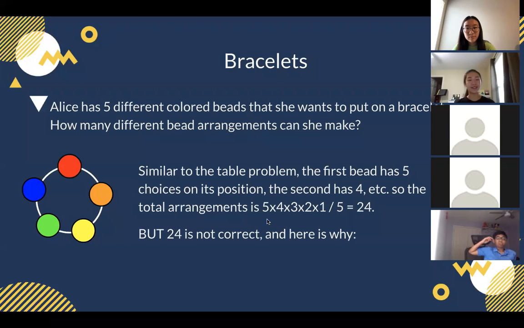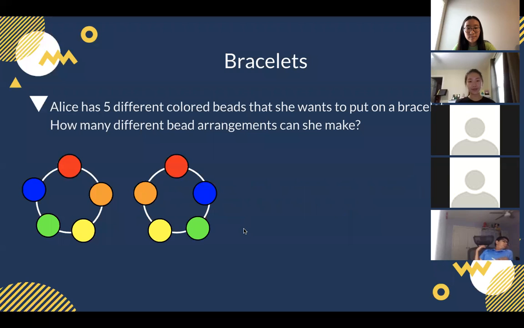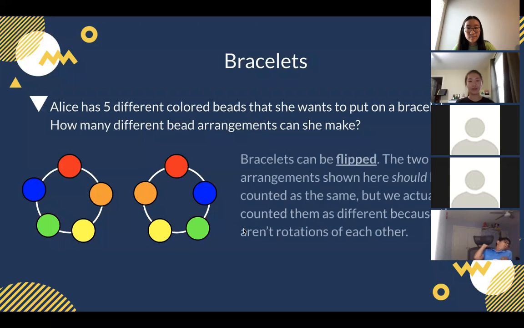But it's actually not correct. This is because this is a bracelet, right? And you can just pick it up and rotate it or flip it around if you want. So if you look on the left, those 2 bracelet arrangements are actually the same, since if you flip one, then it's the other.